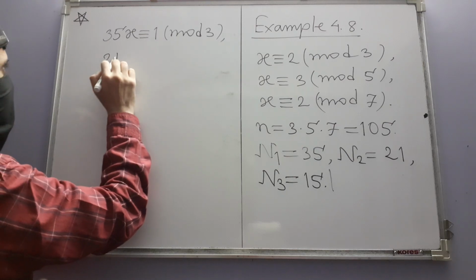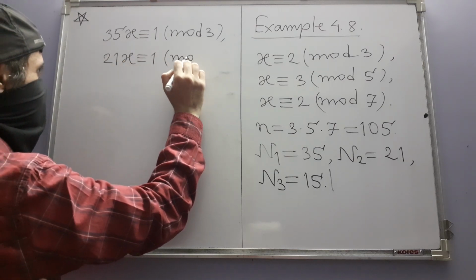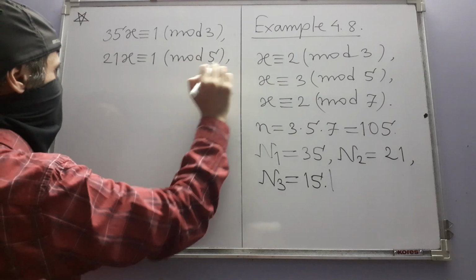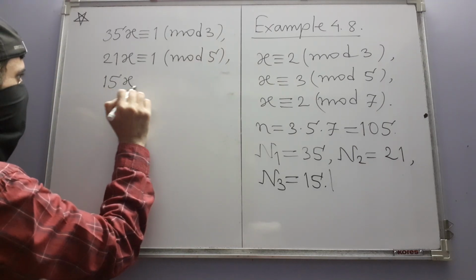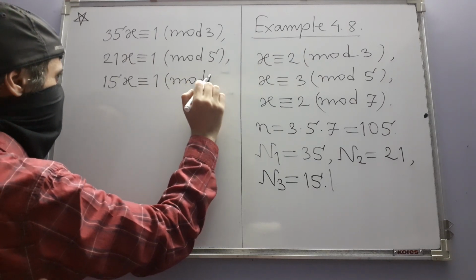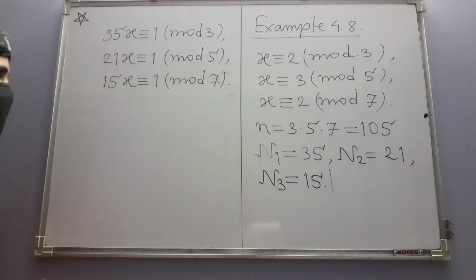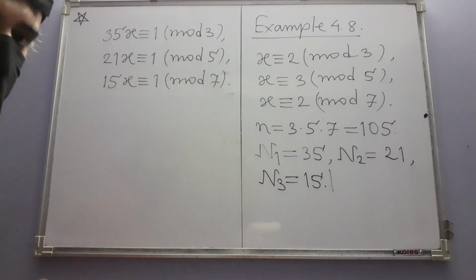Next, 21x congruent to 1 mod 5 and 15x congruent to 1 mod 7. And one can solve these congruences, following the usual procedure of solving single linear congruences.